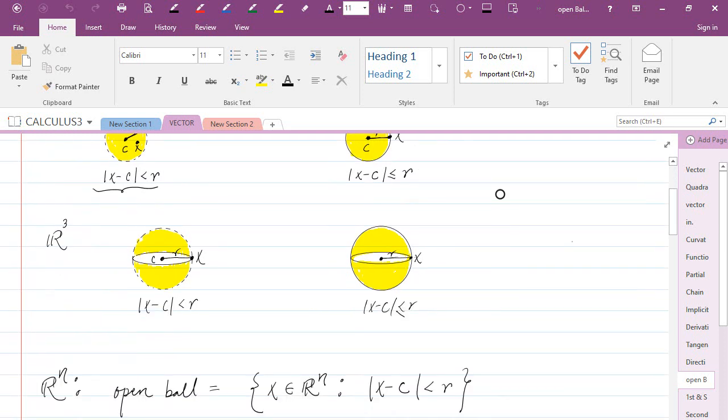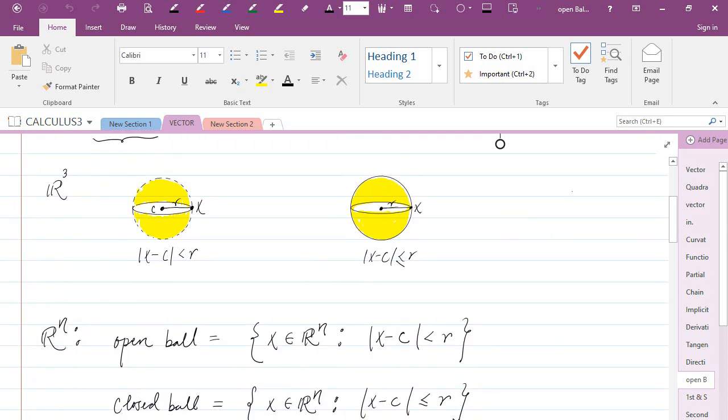Now in R3, an open ball is a sphere. A sphere is a solid sphere without the boundary points. So again, we can use the same inequality to describe an open ball. So this is an open ball centered at C with radius r.